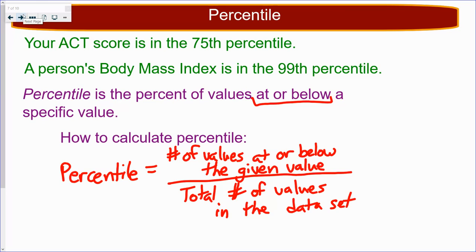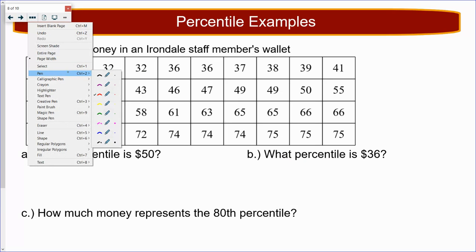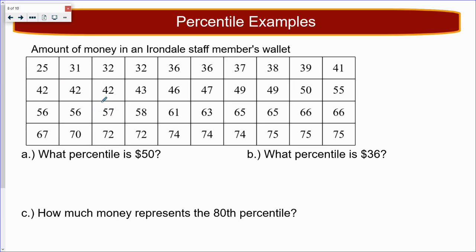Let's do some examples. I'm going to go back to this same money in the wallet for Irondale staff, and we have these 40 values. So we have 40 total values in our data set, and we're asking what percentile is $50.